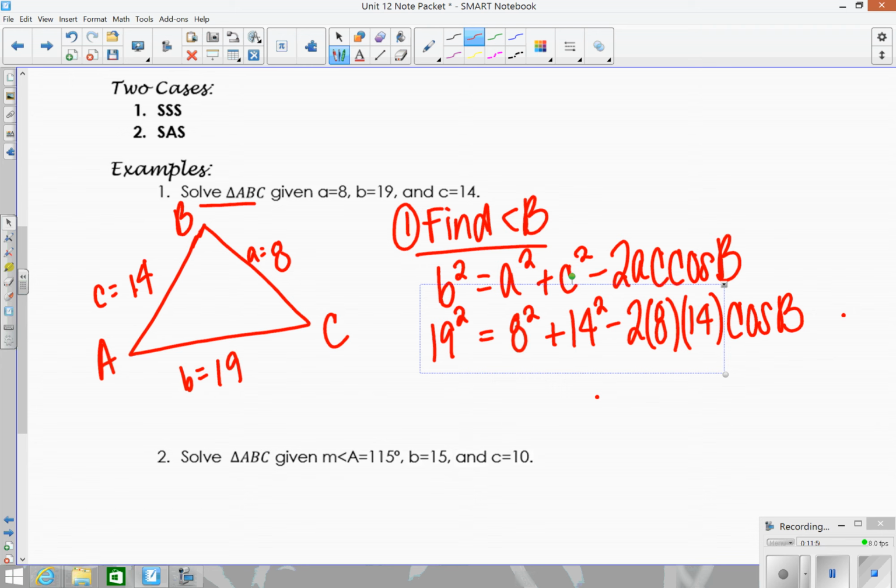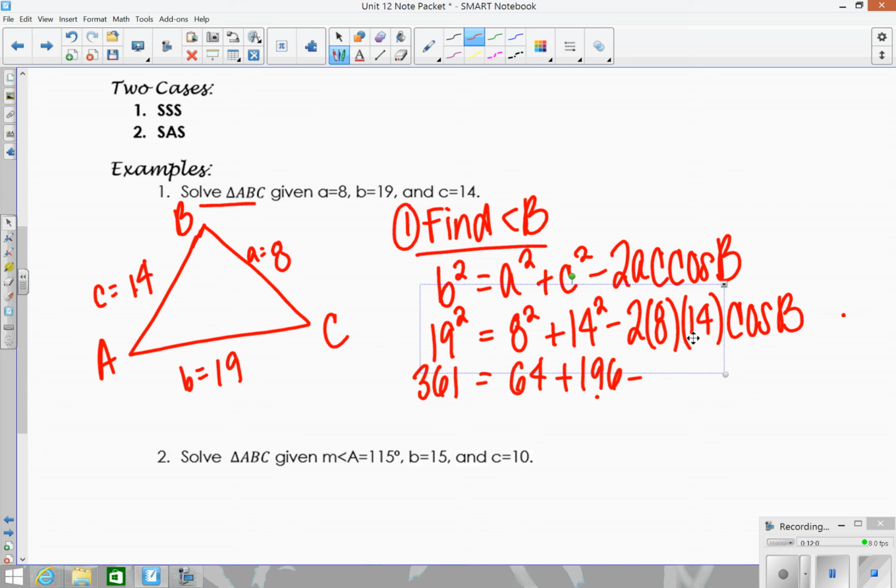So then what we're going to do from here is go ahead and just simplify each part. So 19 squared gives me 361, 64, plus 196.